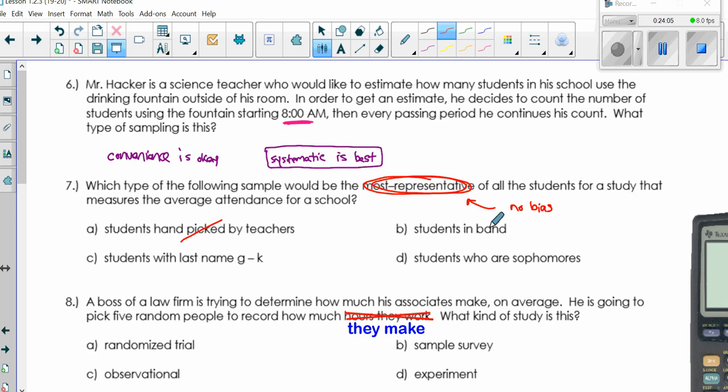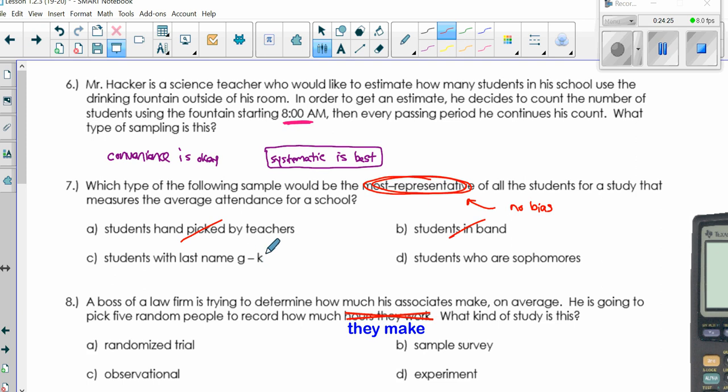B says students in band. That's obviously not representative because now you're representing only the people in band and nobody who's not in band. The next one says students with last name G through K. That would be a good representation if the letters G through K were randomly selected.